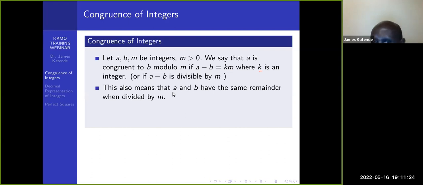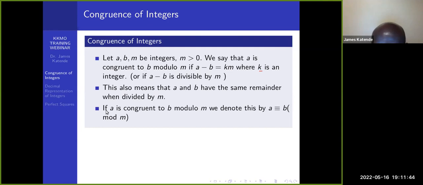The other way to look at it is that if A is congruent to B modulo M, then A and B will have the same remainder when divided by M. We can prove all this, but I think for now we just take the statements as they are.